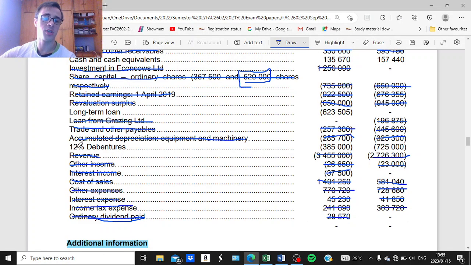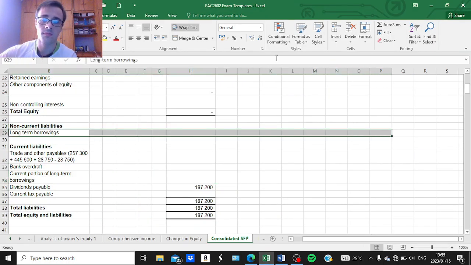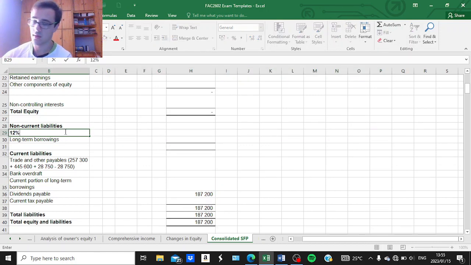Okay, then we need to account for the 12% debentures that will be shown as part of non-current liabilities on the consolidated statement of financial position. So 12% debentures, we just correct that.